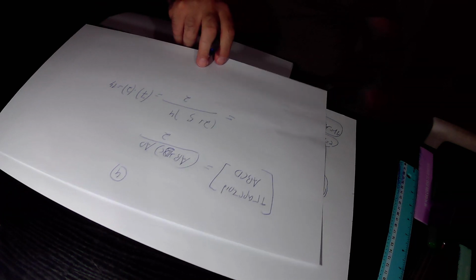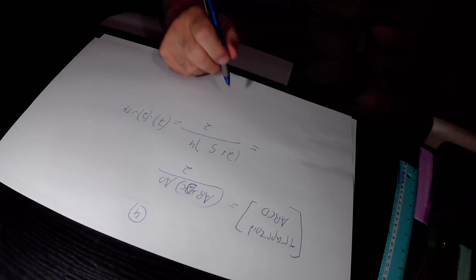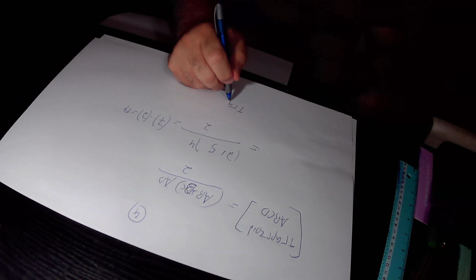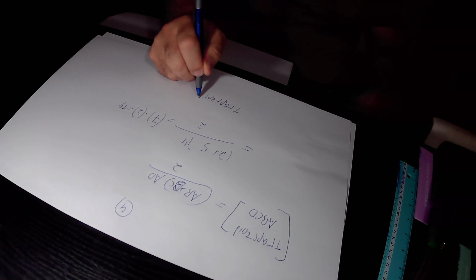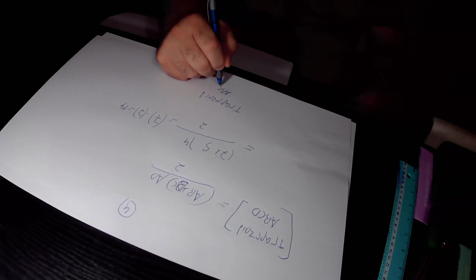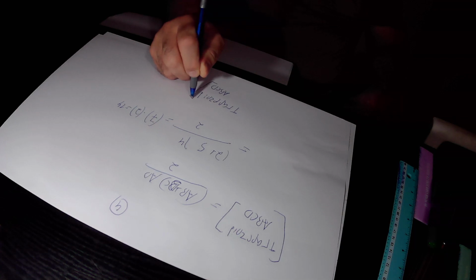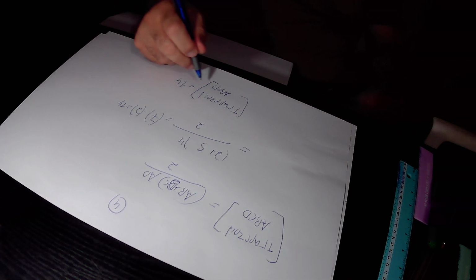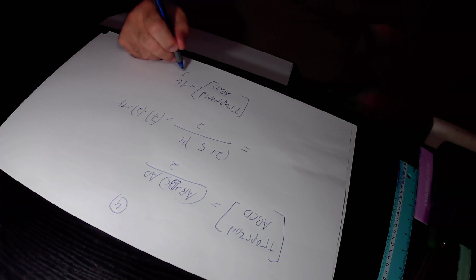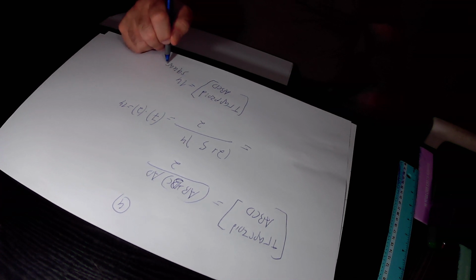So I find that the area of trapezoid ABCD is equal to 14 square units. And that is the answer to the question.